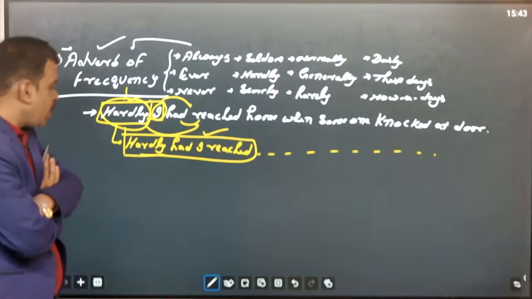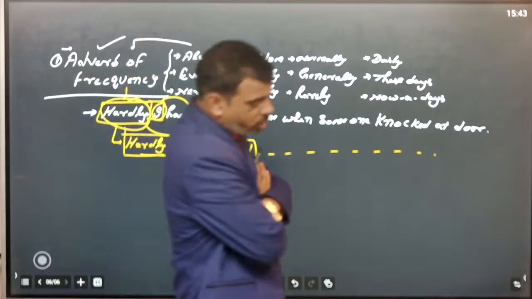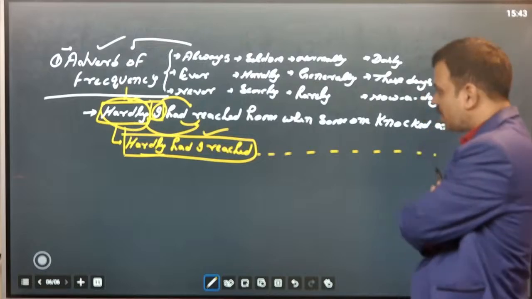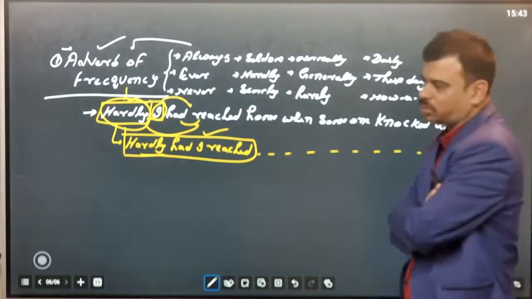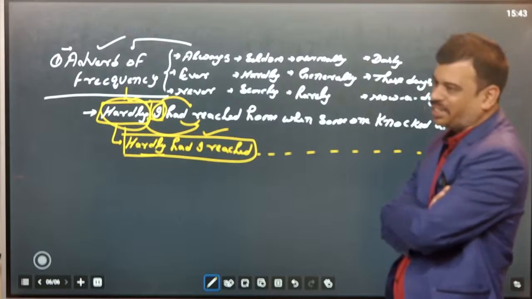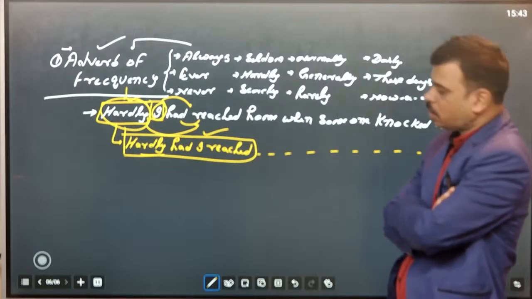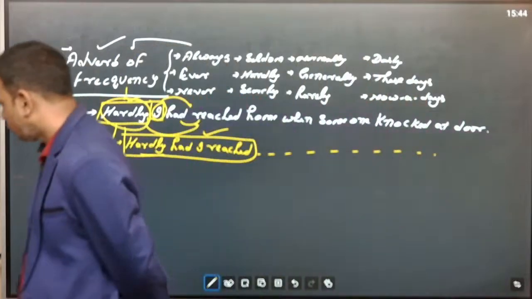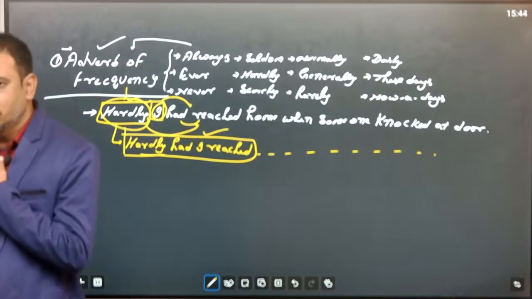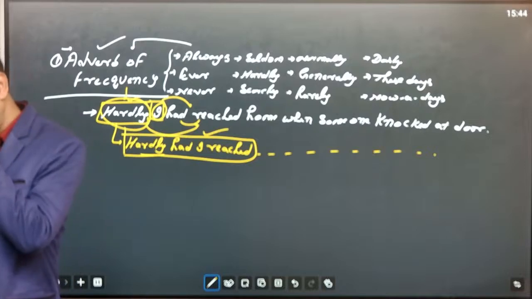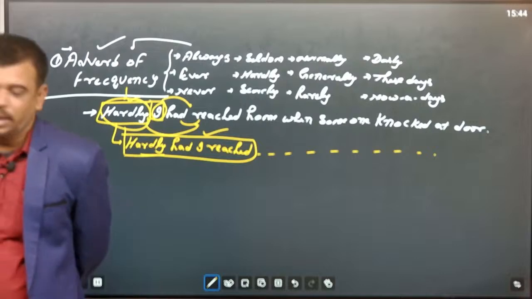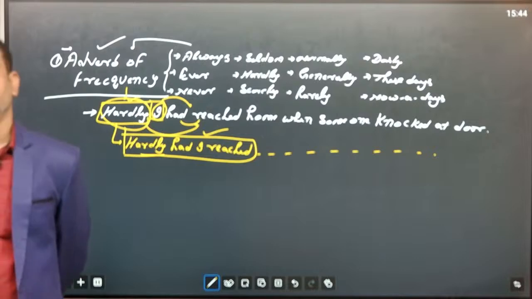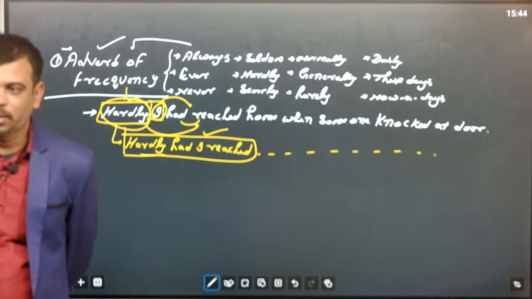But the dilemma, the problem, the confusion is that we generally consider a wrong statement as right and a right statement as wrong. When we see hardly had I reached home, we think, oh, something is wrong. So it's our conscience that makes us right and makes us wrong. Whenever we are struggling, whenever we are trying to achieve anything, we must not forget that we are our greatest enemy as well.